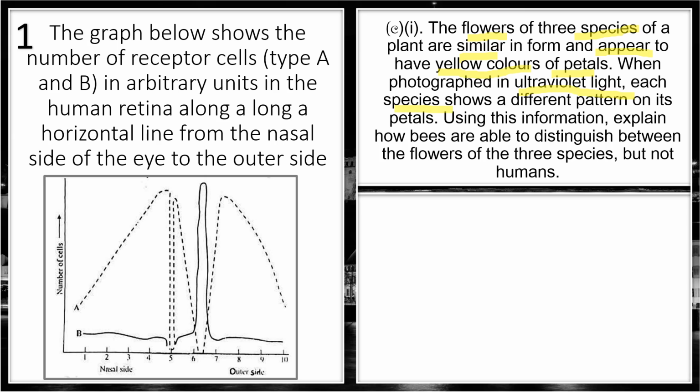Each species shows a different pattern on its petal. Using this information, explain how the bees are able to distinguish between the flowers of the three species, but not humans.